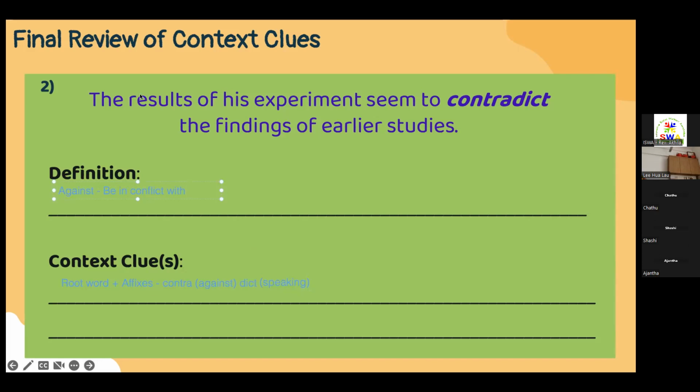That means the results or the findings seem to be against or opposed to what they found out earlier in the studies conducted earlier. So the definition of contradict would be in conflict with. Okay, now we move on to the next question.